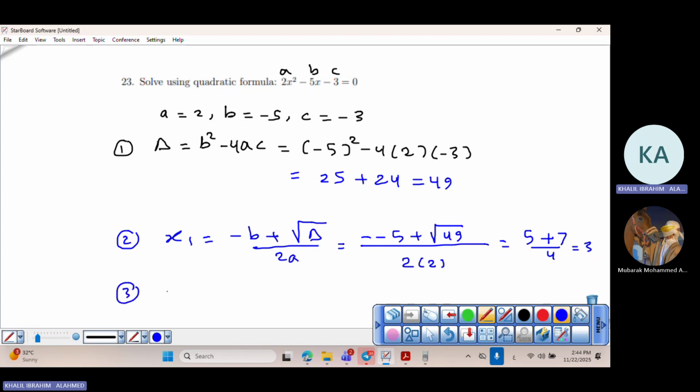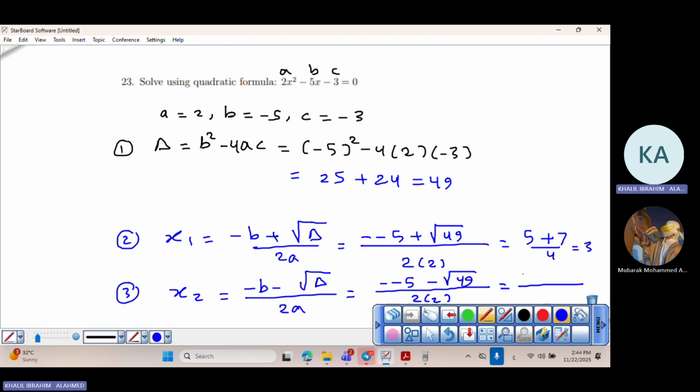Step 3, x2 in the same way: -b minus the radical of the discriminant, or delta, over 2a. So 5 minus radical 49 over 2 times 2, which equals 5 minus 7 over 4.